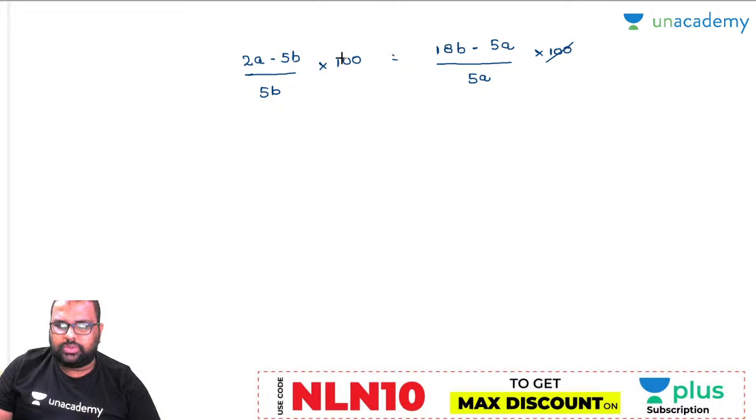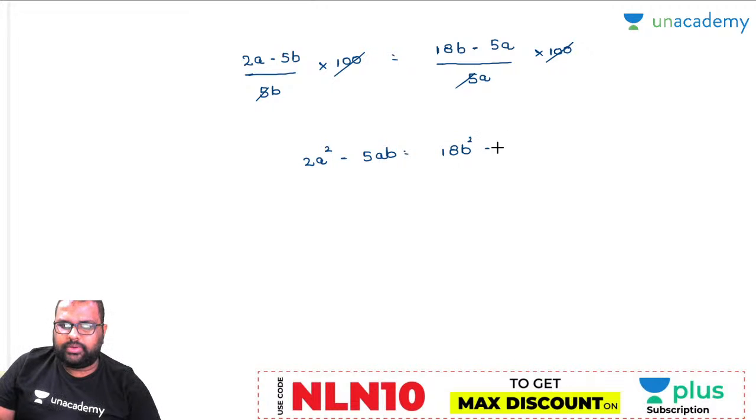Right. So cancel all those things, and finally the equation will become how much? Is it 2A square minus 5AB is equal to 18B square minus 5AB, and this 5AB gets cancelled. Now 2A square will be equal to 18B square.